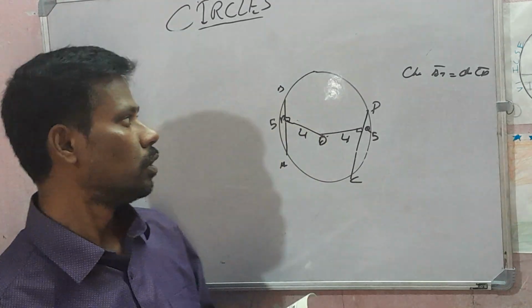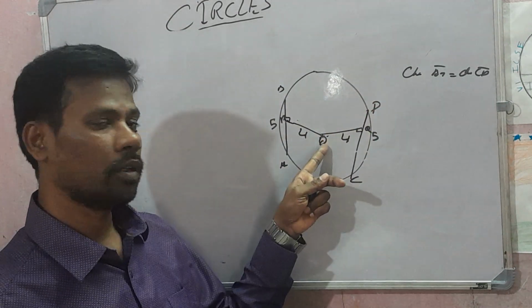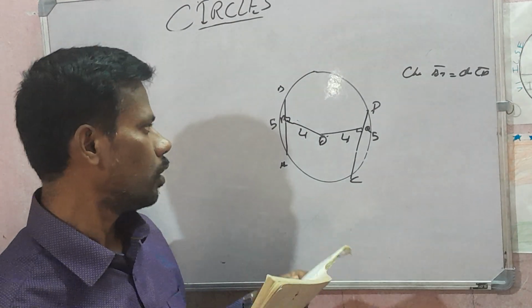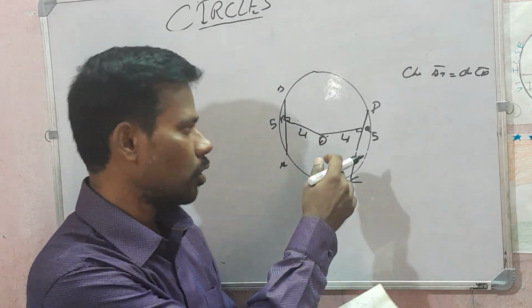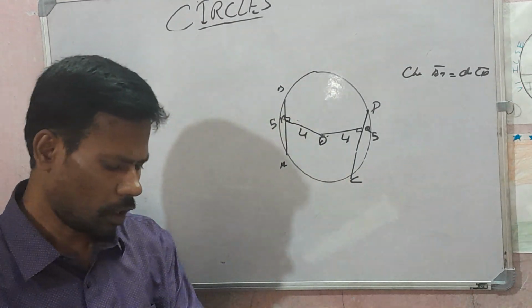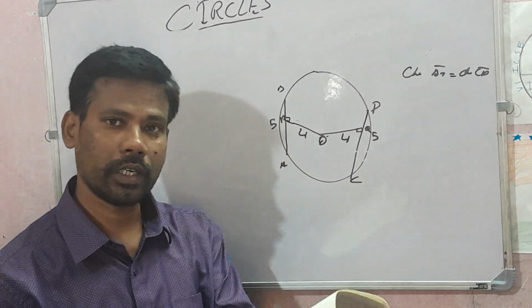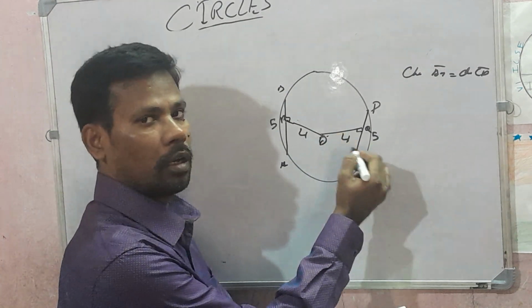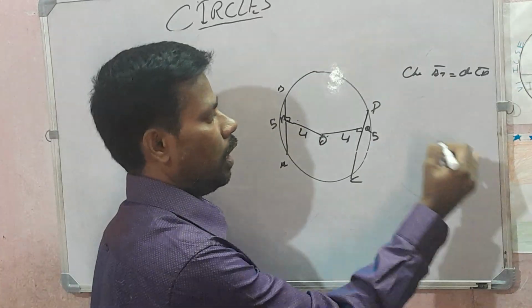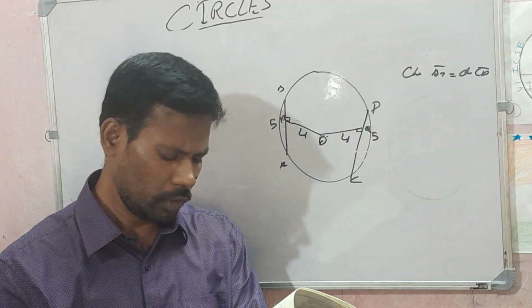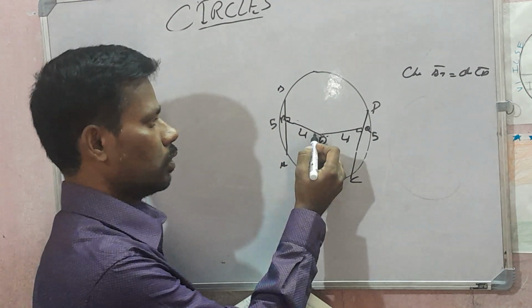Right? So last point, chords which are equidistant from the center of the circle are equal. What is the reverse of this? Chords of congruent circles which are equidistant from the corresponding centers.